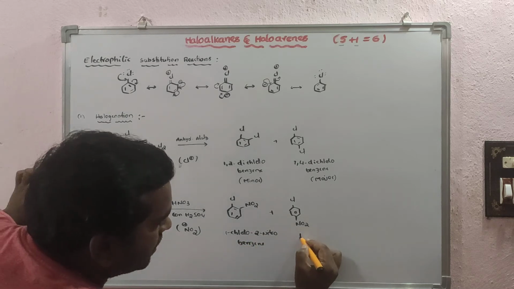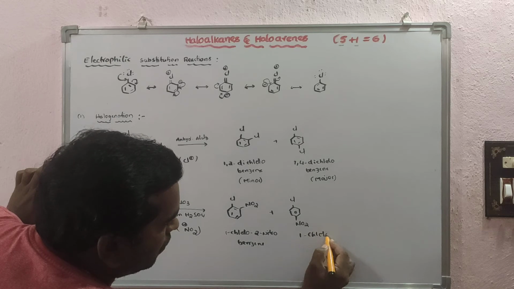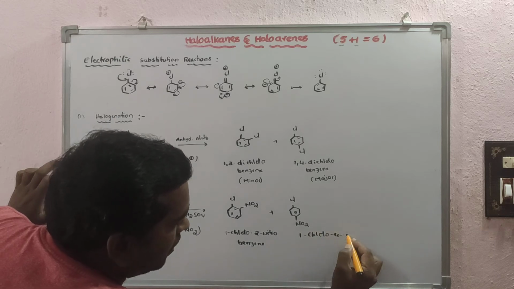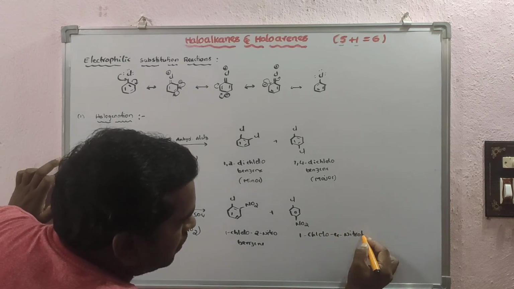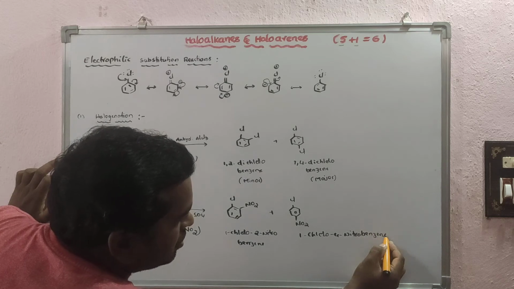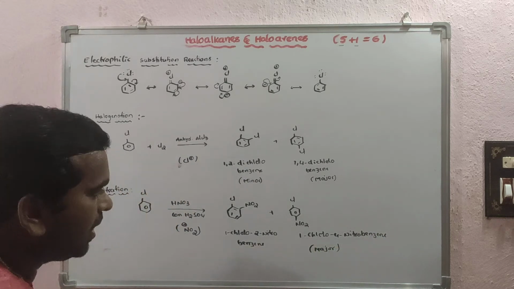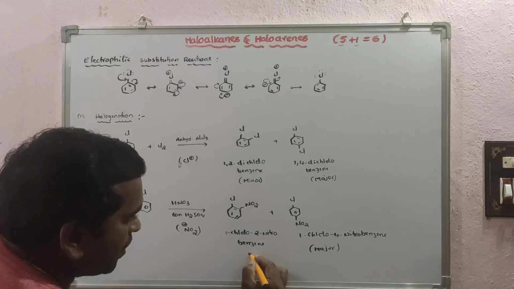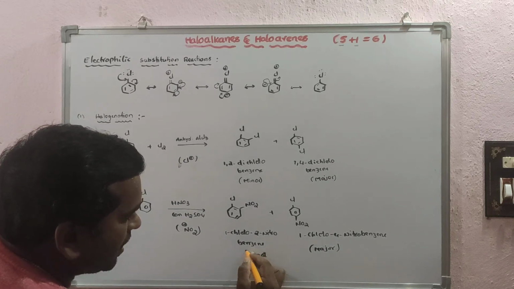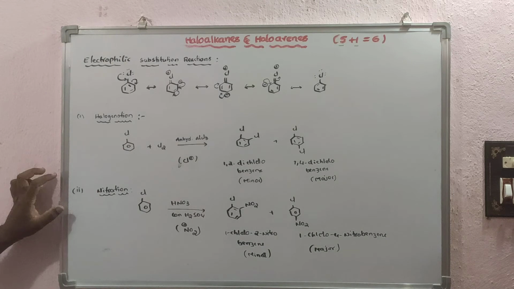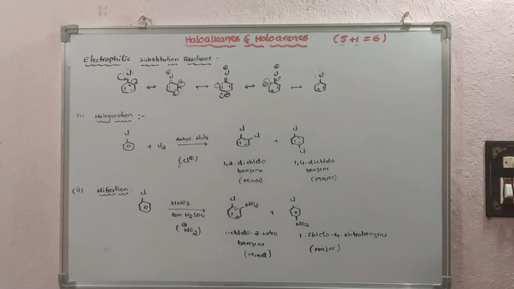And here, 1-chloro-4-nitrobenzene. So which one is the major product? The para product is the major, and this is the minor product. This is nitration.